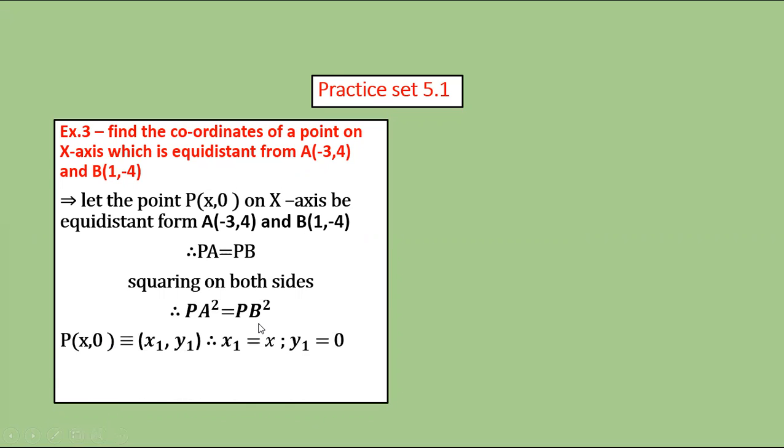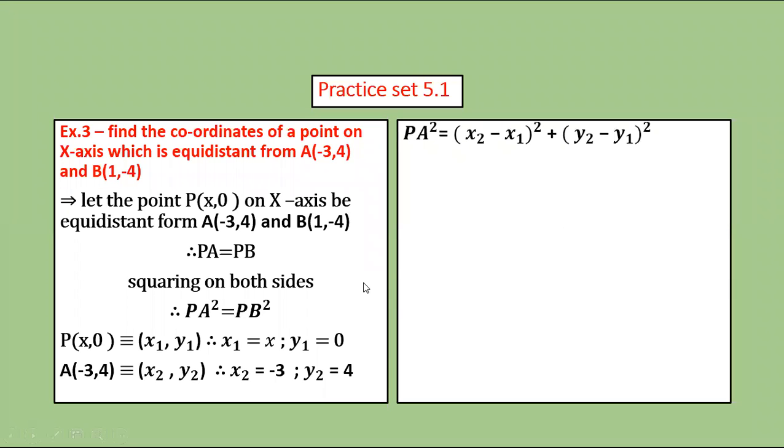First, to find PA. The point P (x, 0) is considered as (x1, y1). Therefore, x1 is equal to x, y1 is equal to 0. And point A (-3, 4) is considered as (x2, y2). Therefore, x2 is equal to -3, y2 is equal to 4.